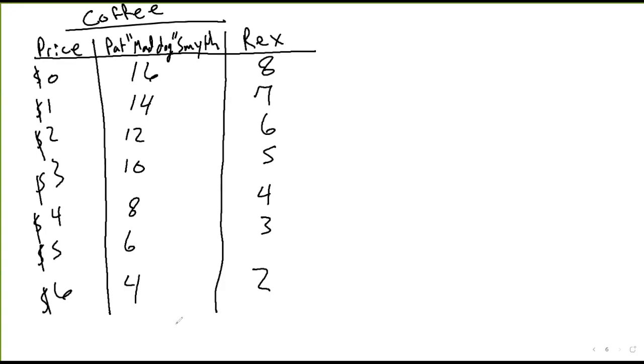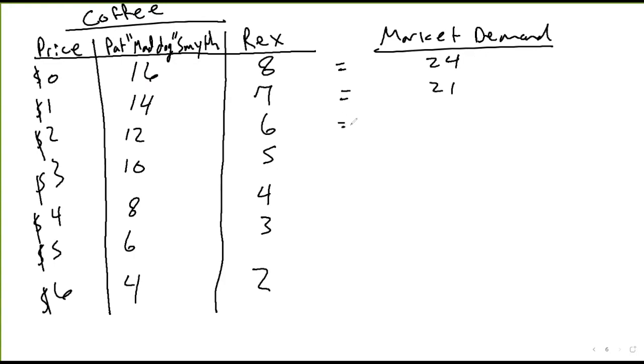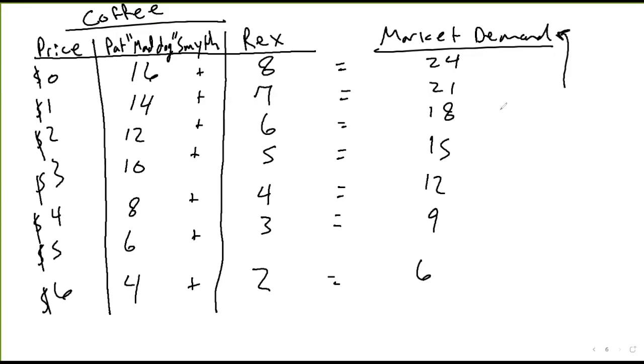These two individual demand schedules for each individual, if you sum them up, you get the market demand. And so the market demand is the sum of all individual demand schedules.